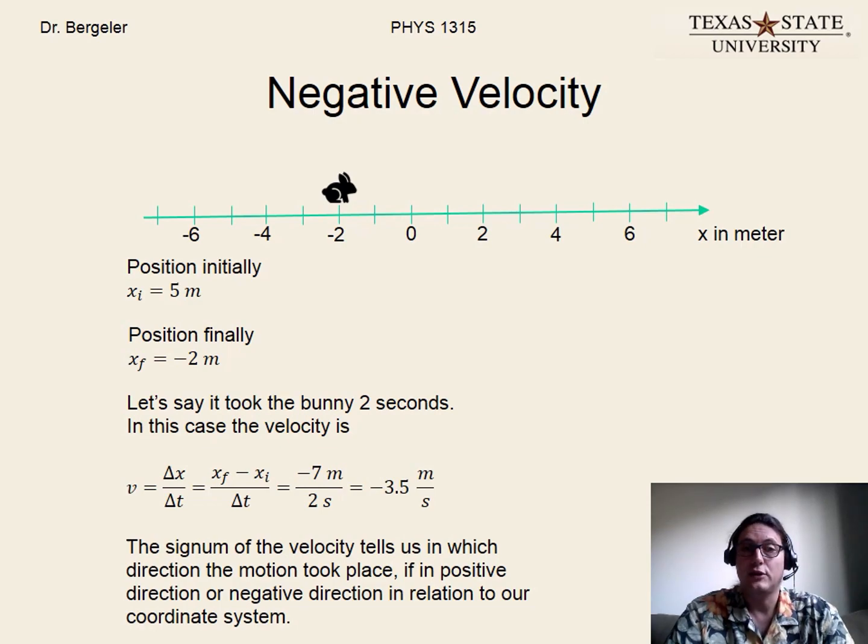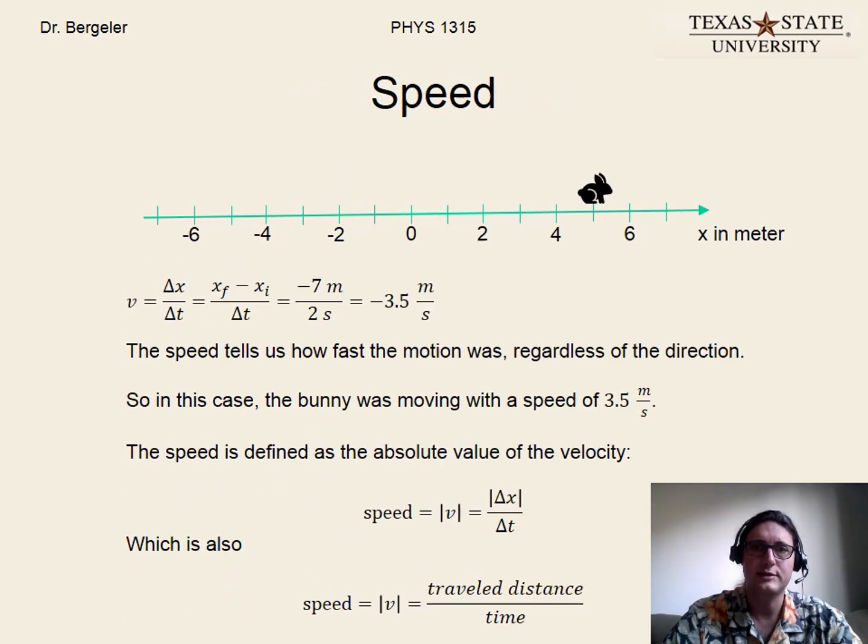We have used the definition formula, and this came out of it. And this negative sign already shows us in which direction the bunny ran. Minus means the bunny ran in the negative direction, and before we had a positive sign, which means the bunny ran in the positive direction.